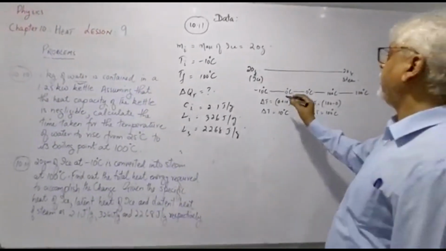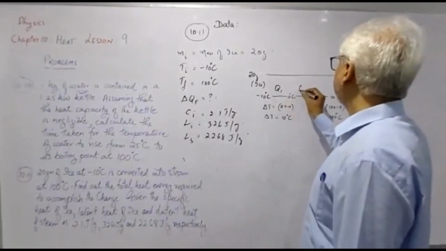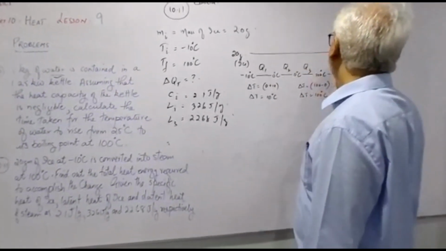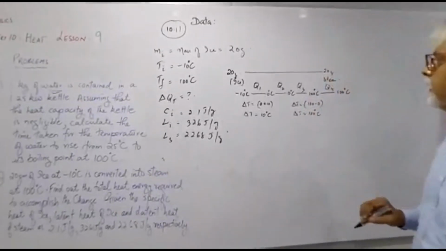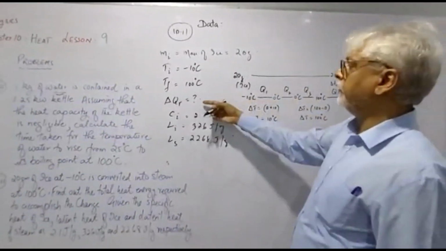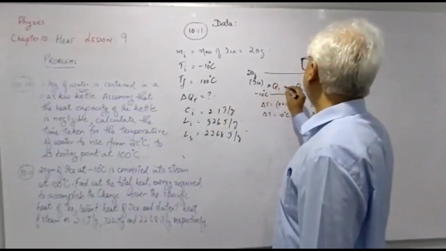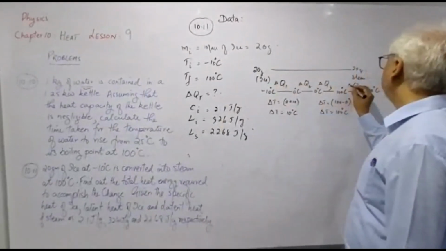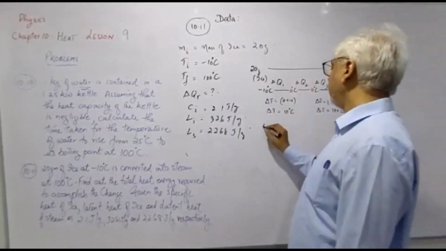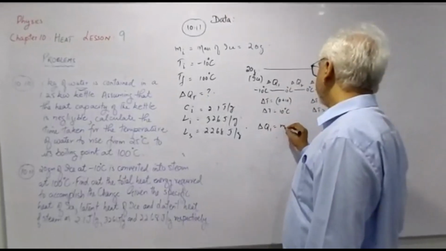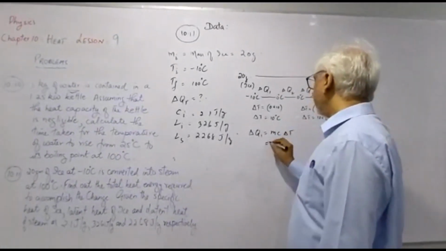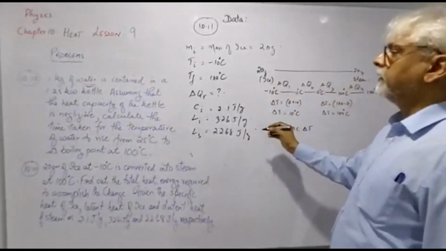So we'll find Q1 over here, Q2, Q3, and Q4, and then we'll add all this, and that will give you the total heat change. Right, so let's find delta Q1 equals m c delta T. The mass is 20 grams, as you can see over here.